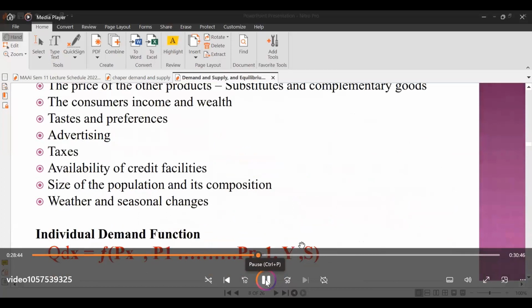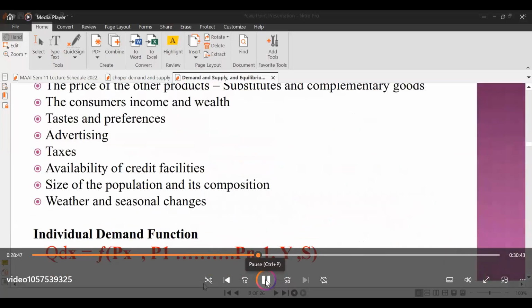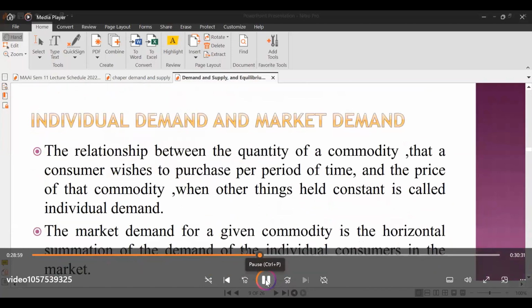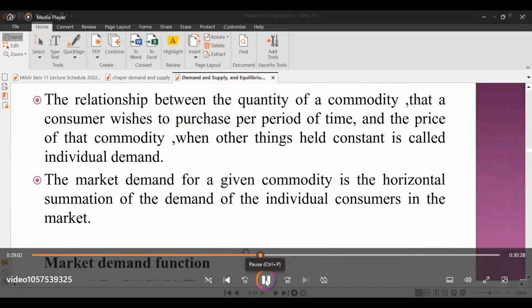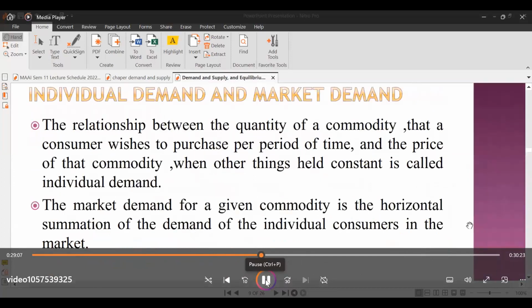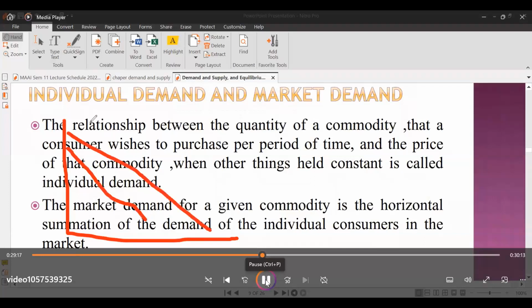Then here is the individual demand function. This equation shows the technical relationship between the demand and the other factors. Then if we consider the individual demand and the market demand, there may be Sita's demand curve, Rama's demand curve, Hamish's demand curve, likewise.